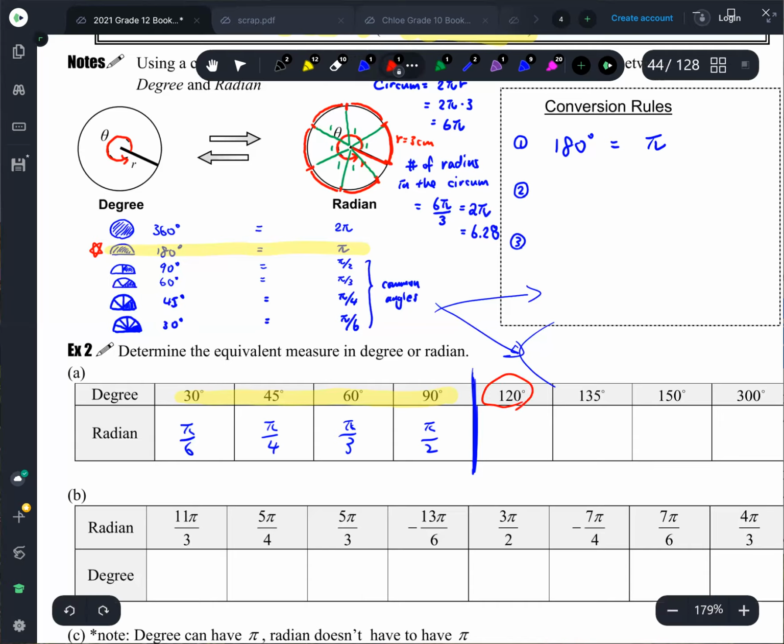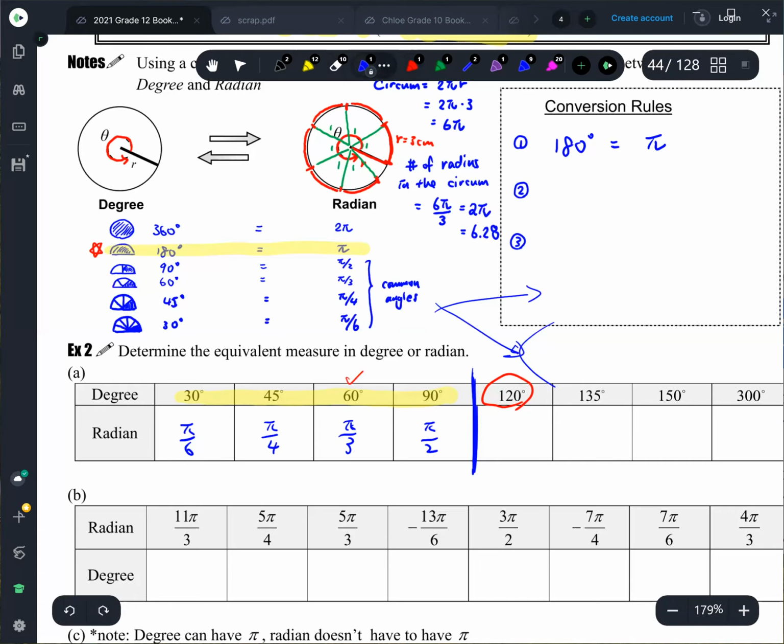The next question. And you think about 120 degree is a multiple of which of the 4? Okay, so Caleb, 120 degree is a multiple of which one? A multiple of 60. Okay, how many 60? 2. 2 of them, right?